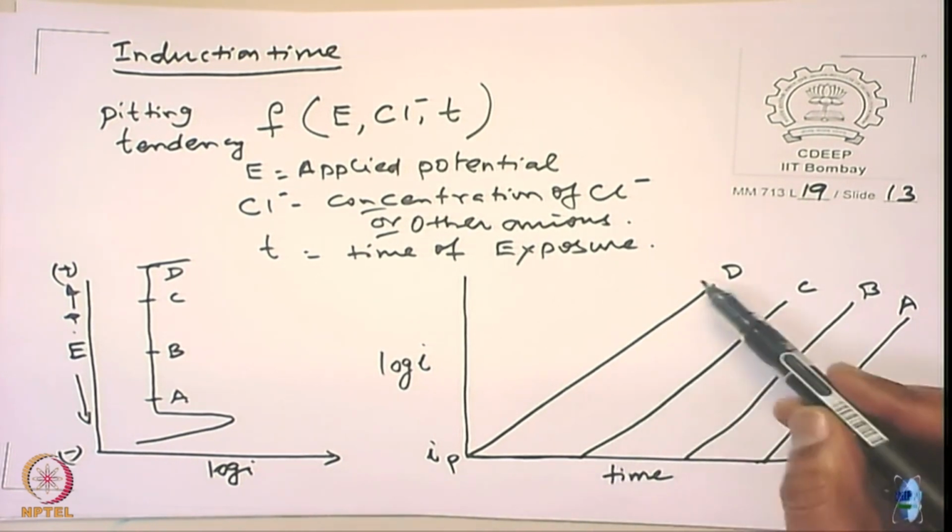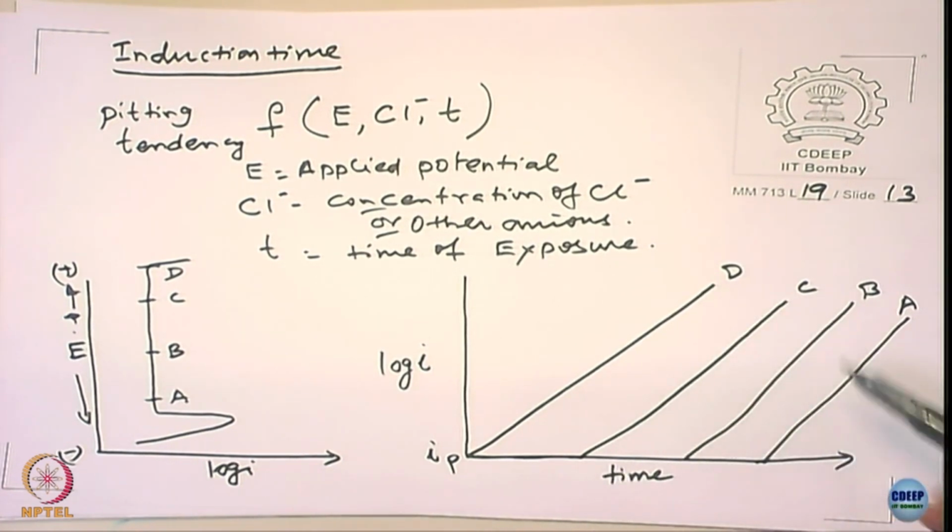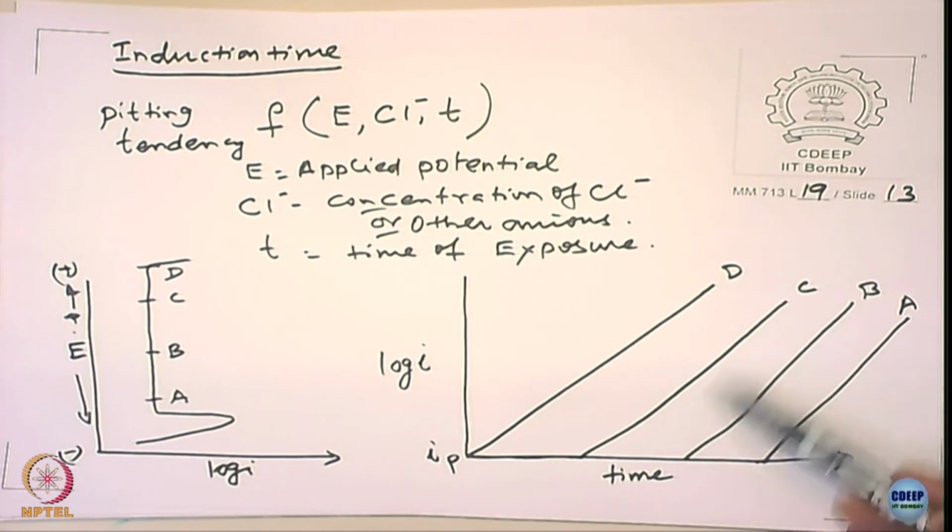The increase in current corresponds to the pitting of the metal. This is given as a gross schematic here. Do not worry about the values, just look at the relative positions of these current versus time curves.